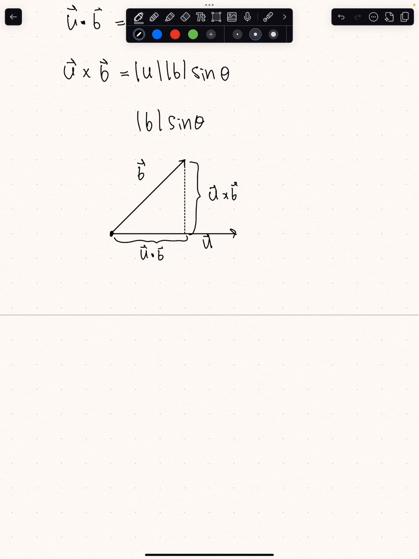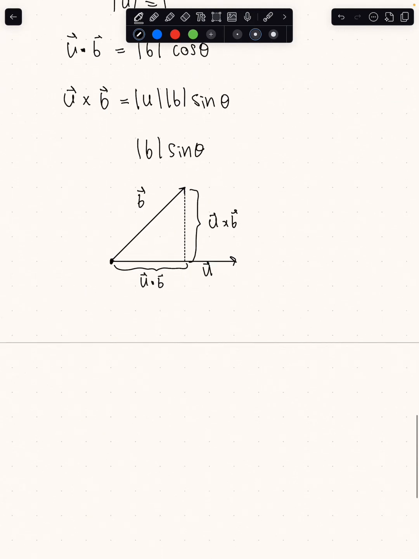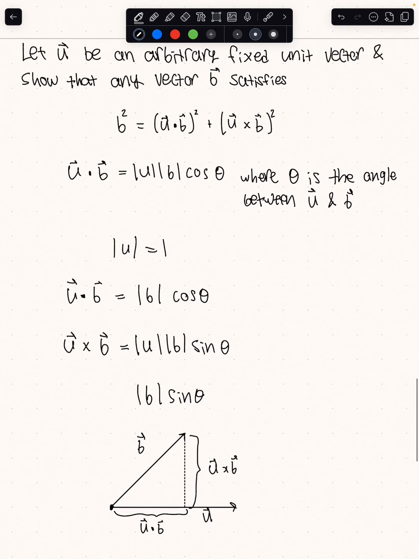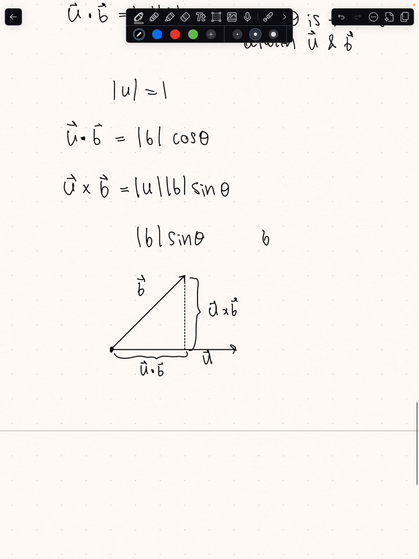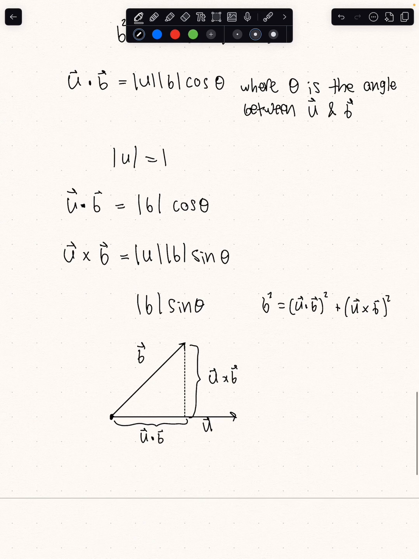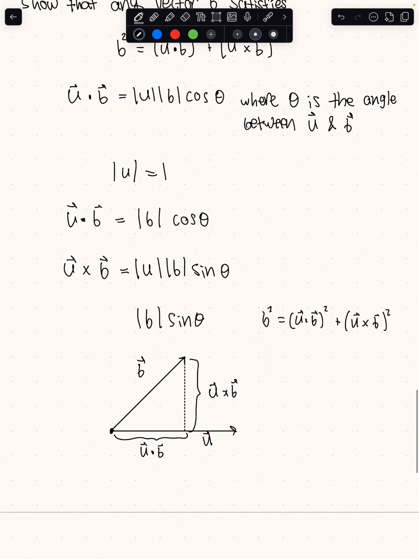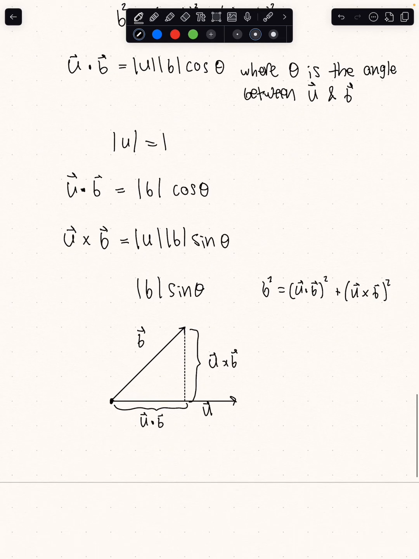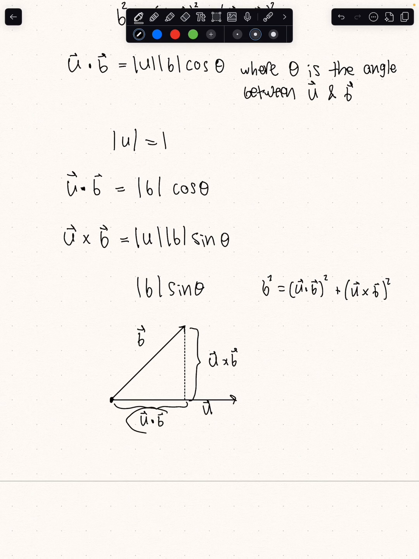Sorry. And notice here what this is saying: we had from above B squared equal to (U dot B) squared plus (U cross B) squared, right? U dot B is just this length down here.